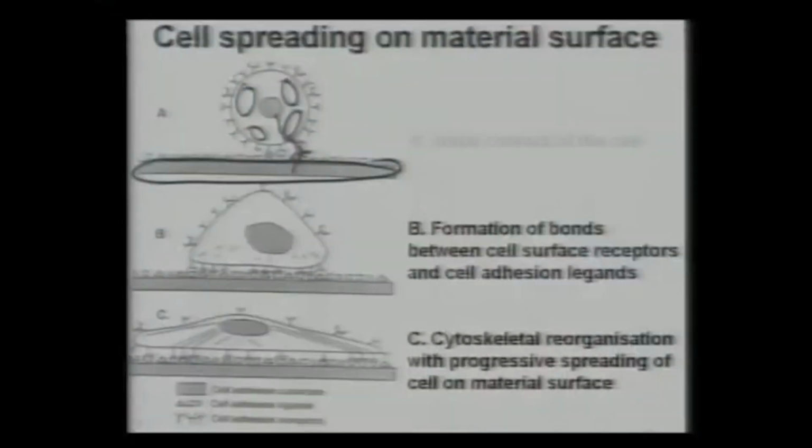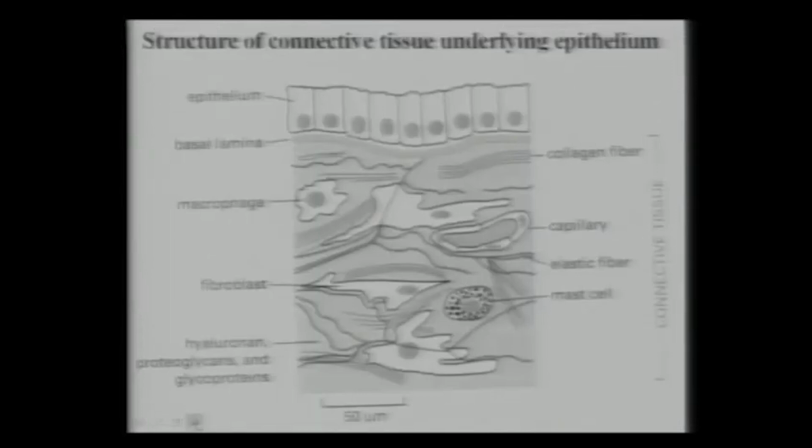Okay, and essentially the cells will die over a time period. So that means the material is causing a toxicity effect in vitro, or if the material can be directly transported to the nucleus and has a toxic effect, then it can cause genotoxicity, or DNA damage. Now, this is the structure of the connective tissue and the tissue underlying the epithelium.